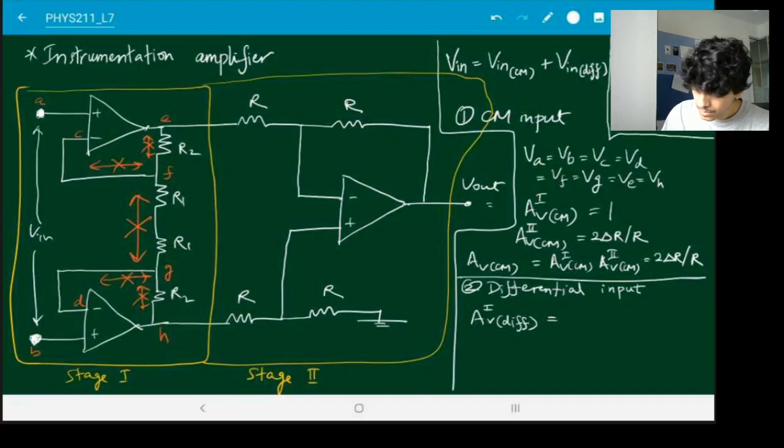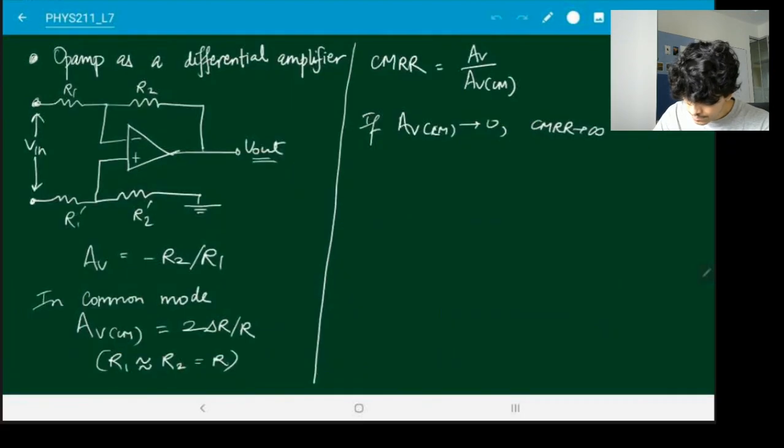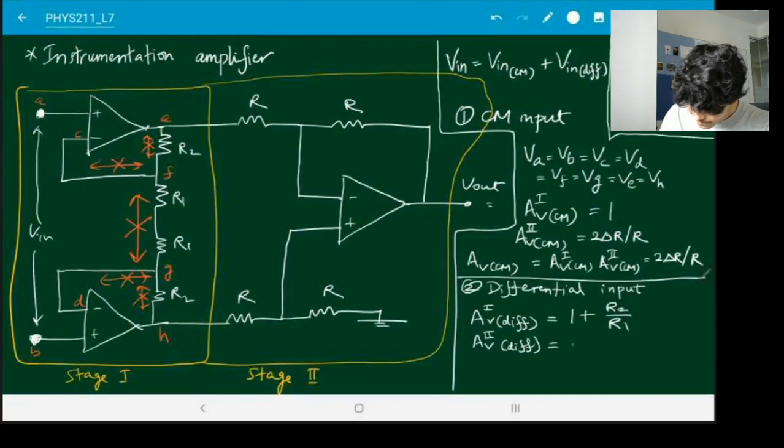So the gain over here is the same formula that you would have for the non-inverting amplifier, which is 1 plus R2 over R1, which we discussed in the last lecture. And in stage 2, for the differential input, the gain is minus R2 over R1.